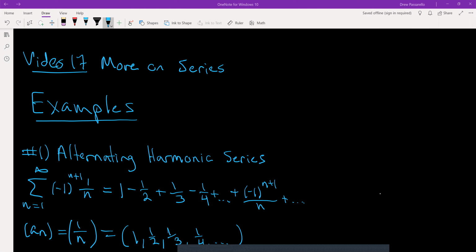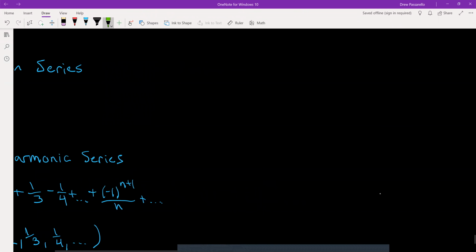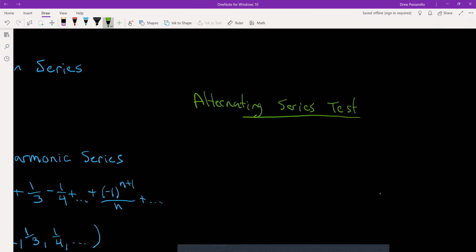The alternating series test says it's going to have the structure of -1 raised to some exponent, say n plus 1, and then a_n.